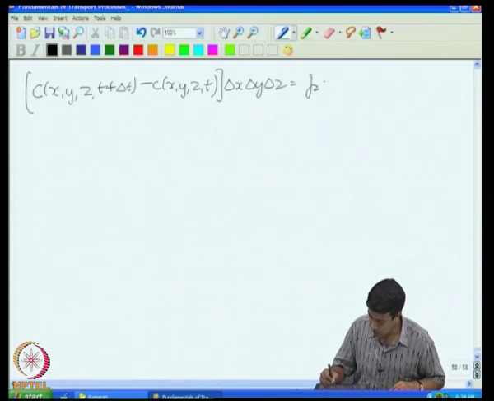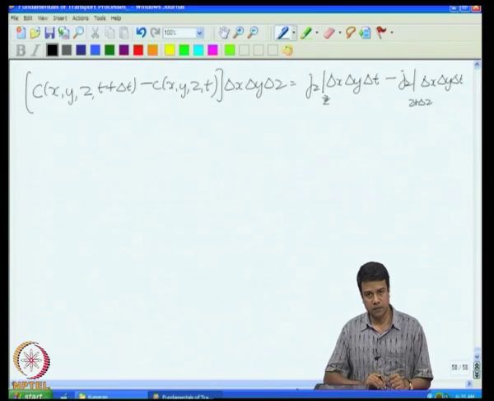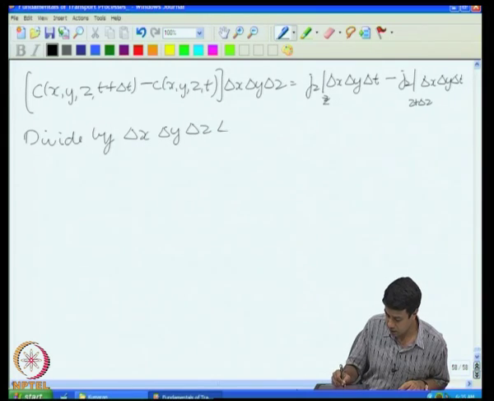Mass in is J z at the location z times delta x, delta y, delta t, minus J z at z plus delta z. The complete form of the mass conservation equation for that differential volume. Divide throughout by volume and time. Divide by delta x, delta y, delta z, delta t.